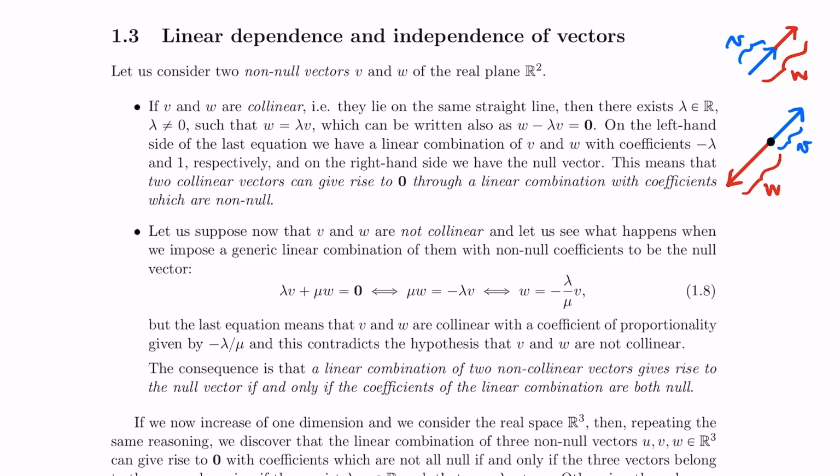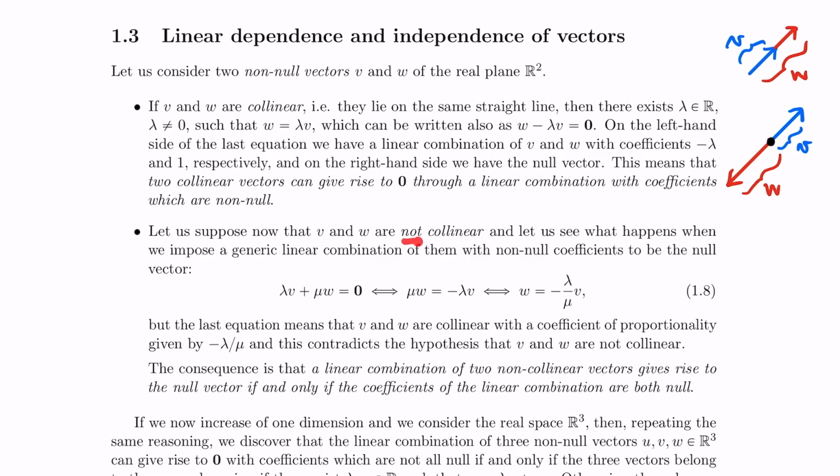We choose to divide both sides by mu, for example, and we remain with w equals minus lambda divided by mu times v. But this coefficient here is a non-null scalar, and we are saying that w is a multiple of v times this scalar here, and so v and w are collinear.